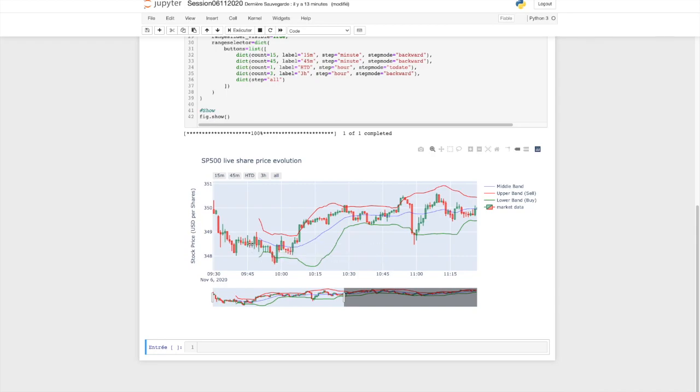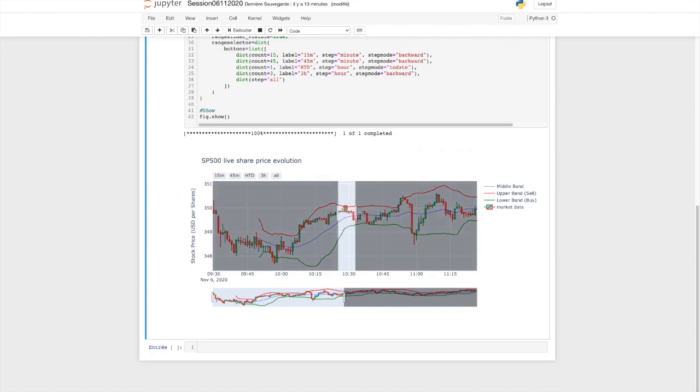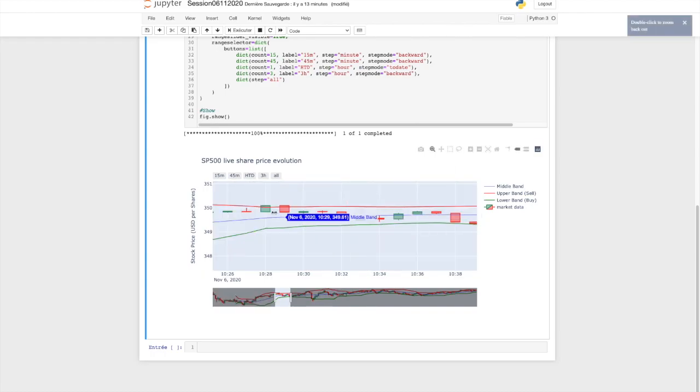For instance, you can use the Bollinger Band in order to detect if that's the right time or not to buy the share. Let's zoom on this part of the graph. If you see that at 10:30, it makes no sense to buy a share on the S&P 500.